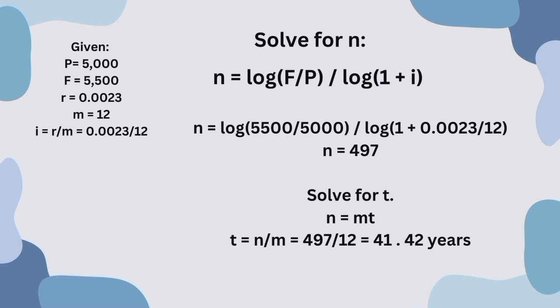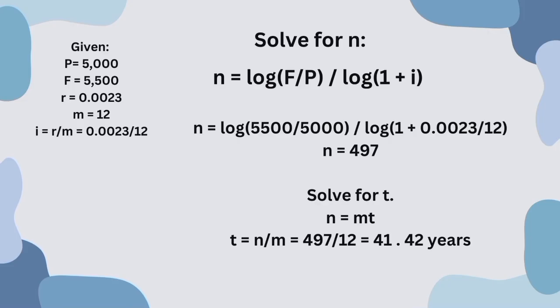First, we will solve for n. So, n is equal to logarithm, open parenthesis, future value over present value, close parenthesis, over logarithm, open parenthesis, of 1 plus interest, close parenthesis. So, we will distribute.